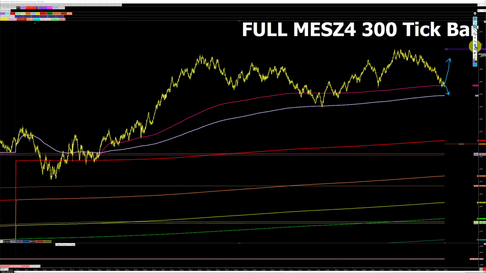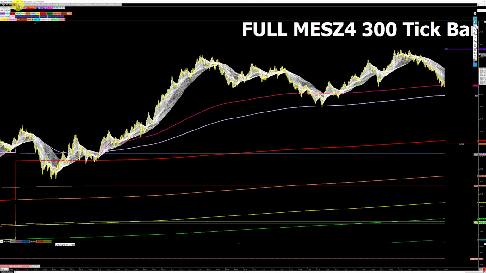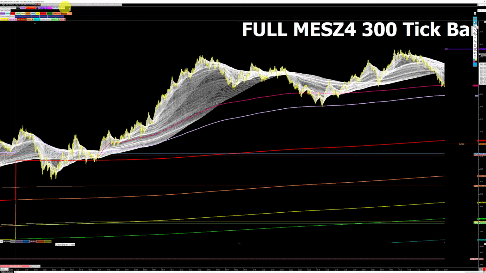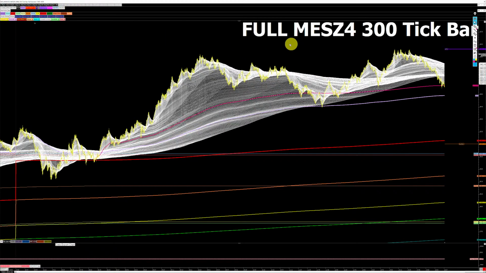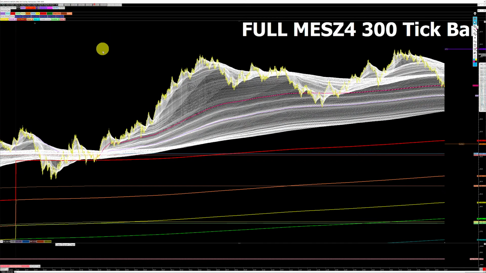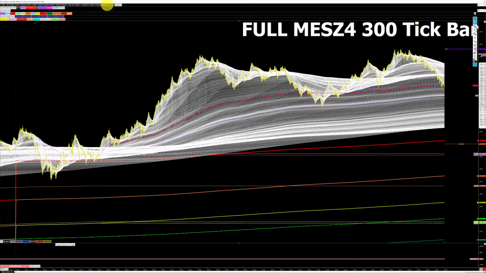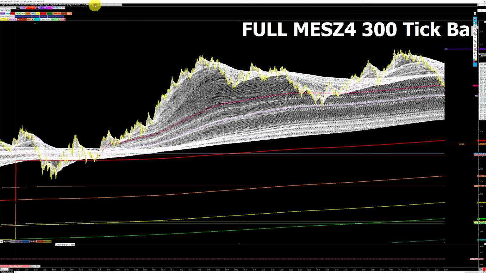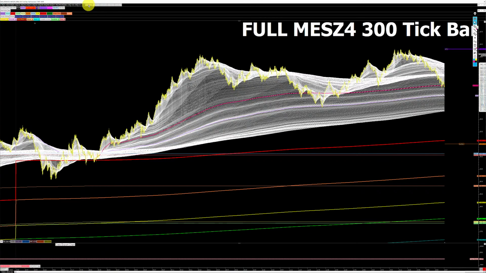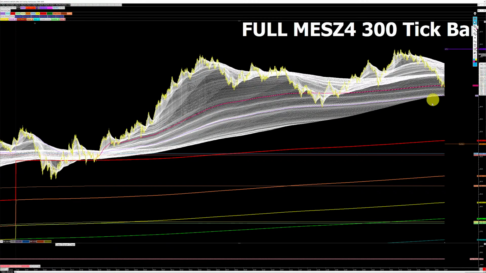I'm going to turn on some rolling VWAPs here. And we're just going to get enough to get to the intermediate time frame, which is right here.